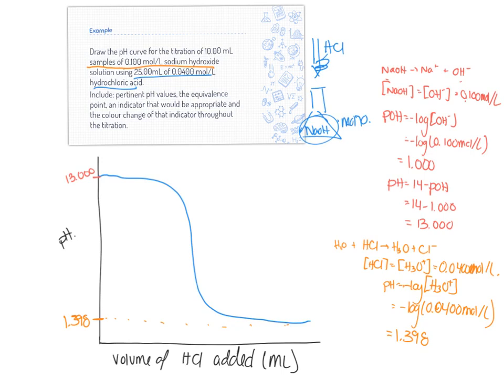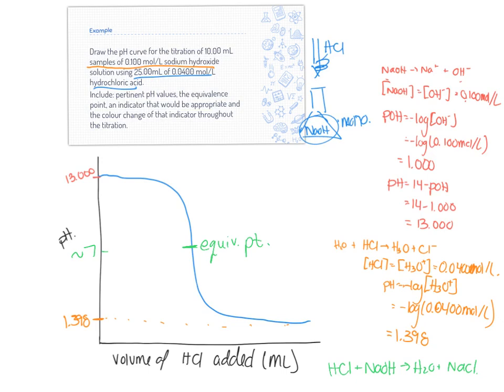Okay, so our equivalence point is somewhere in the middle here. And because HCl and NaOH make water and NaCl, which is neutral, I would expect our equivalence point to be at approximately 7.